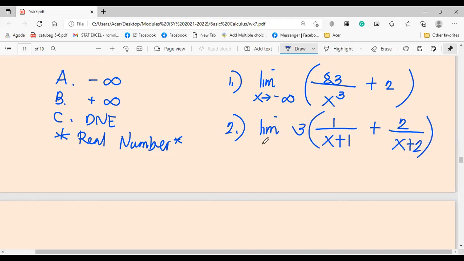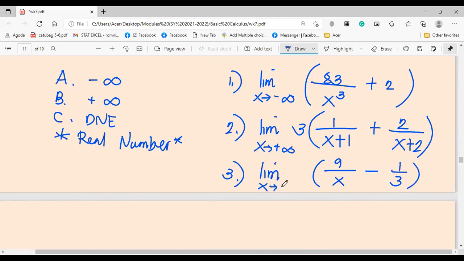This is 3 as x approaches positive infinity. And the third is, what is the limit of 9 over x minus 1/3 as x approaches negative infinity?